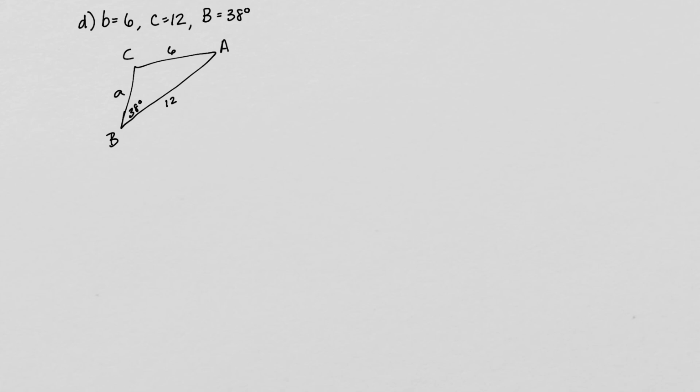So in this case, the starting pair that I happen to know is the 38 degrees and the 6, right? That's the angle and the side across from it that I know. So the sine of 38 degrees over 6 is equal to, the 12 is the only other thing I know, so we're going to say the sine of C over 12. So I'm basically using the information they originally gave me in the problem.